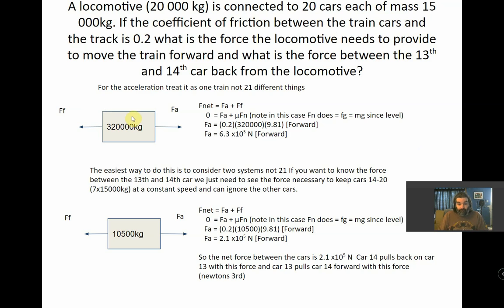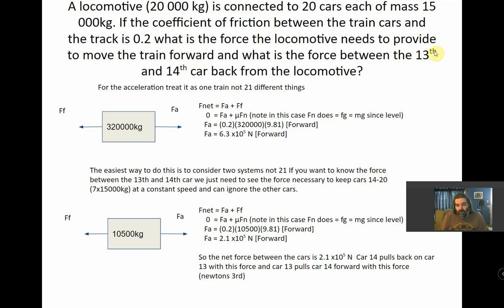Well, if we add up the locomotive and 20 cars, you have a train that has a mass of 320,000 kilograms. There are two forces: the force of the engine and the force of friction. So we can solve that and figure out the force the engine must provide. All right? Don't overthink it. Don't try to go, oh my God, what's the force in the first, the second, the third train car? Treat it as one train.